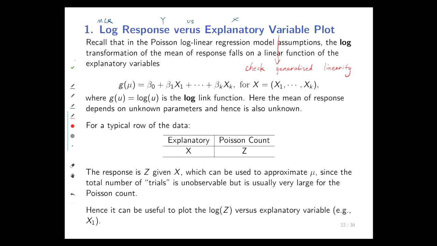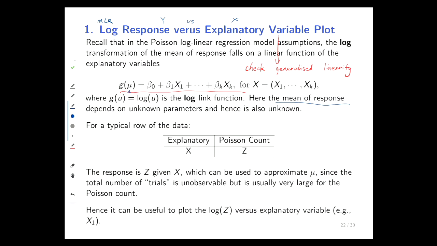So what is the generalized linearity? The assumption is here: the logarithm of the mean of response falls on a straight line function of the explanatory variable. In order to check this, we need to approximate the mean of response, because mu is unknown in this assumption.